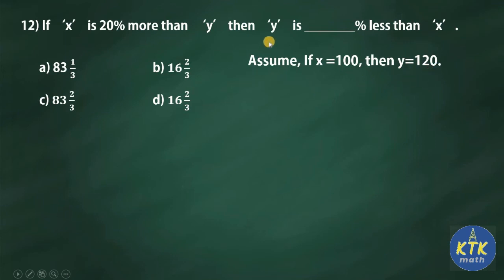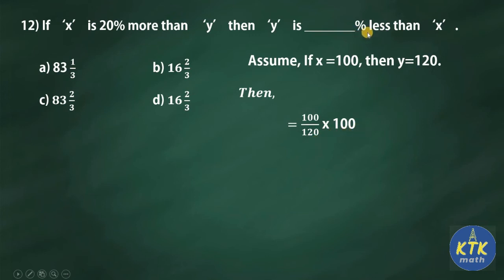Now I am going to find the percentage from y's point of view. So how am I going to write that? I can rewrite that as 100 by 120 into 100. That is, from y's point of view I need to find the percentage which is how much less than x. So I am writing x value by y value into 100. Why am I multiplying by 100?